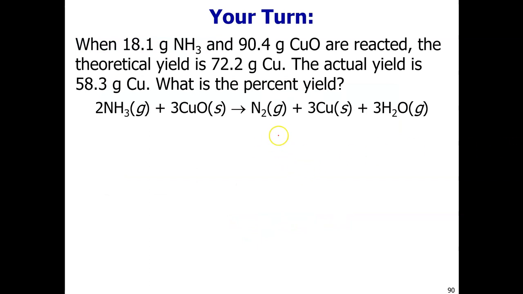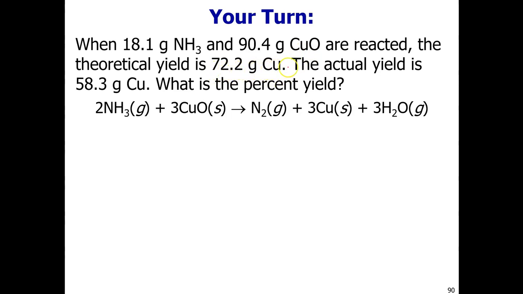Okay, so this is a more in-depth problem, and I'm going to have you work through this. If we have 18.1 grams of ammonia and 90.4 grams of copper oxide, you might recognize this reaction. This was the one that we did a few slides ago. The theoretical yield is 72.2 grams of copper.